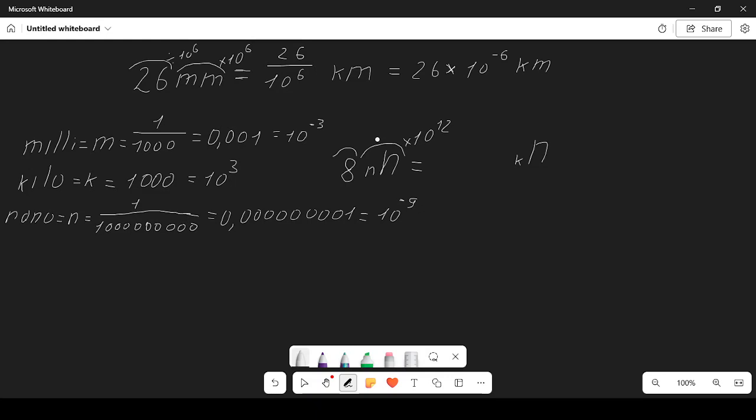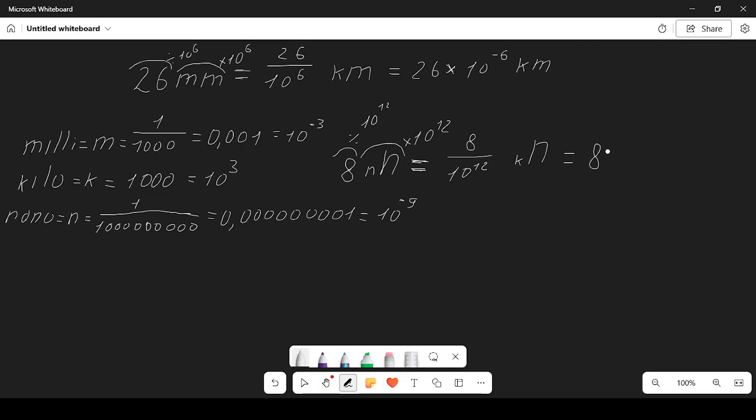But we need to compensate this because we want to keep this equality, otherwise it will not be right. So to compensate, we divide the number part by the same number, 10 power 12. So it's 8 divided by 10 power 12. Let's present it in one line.